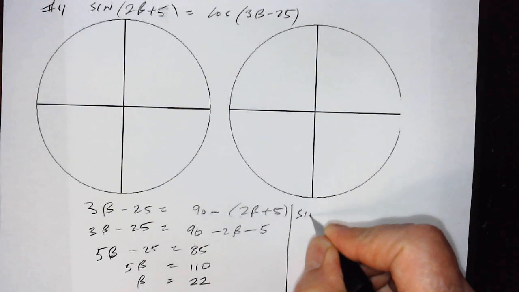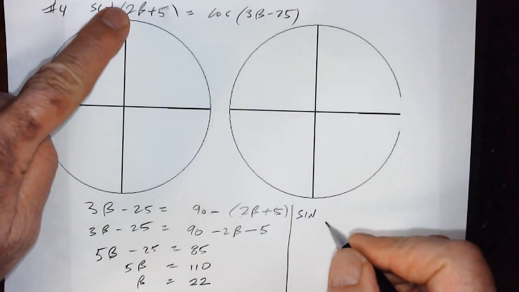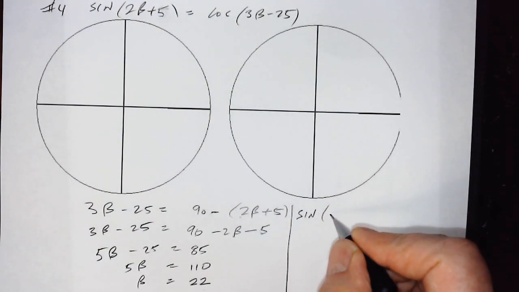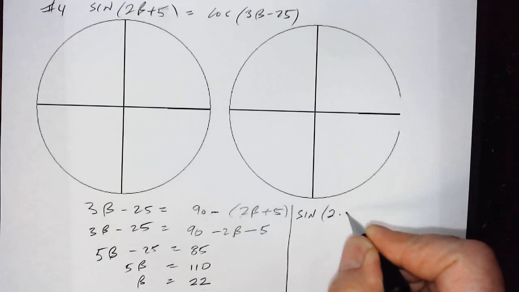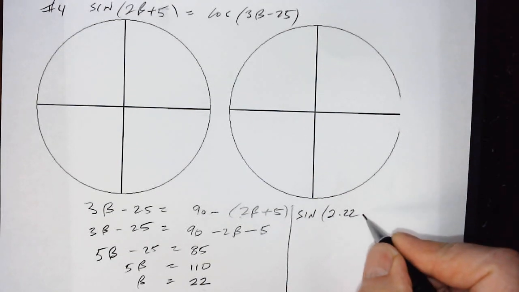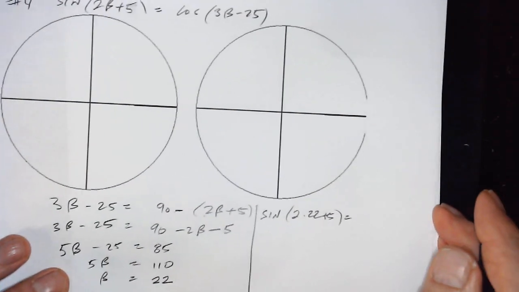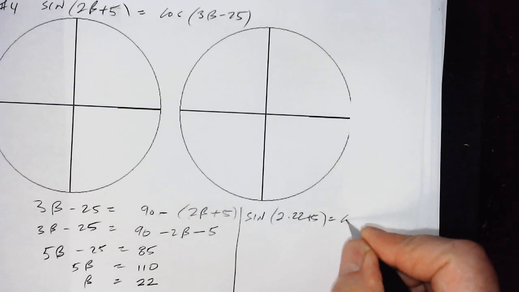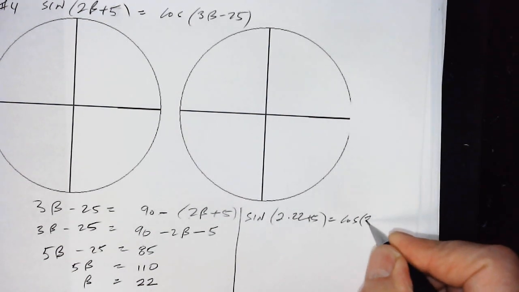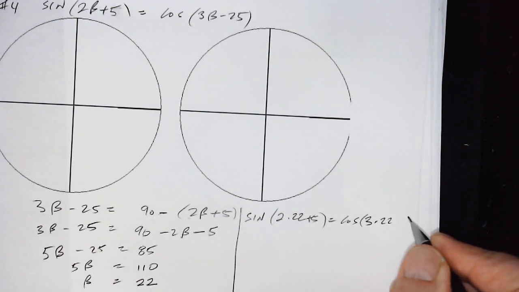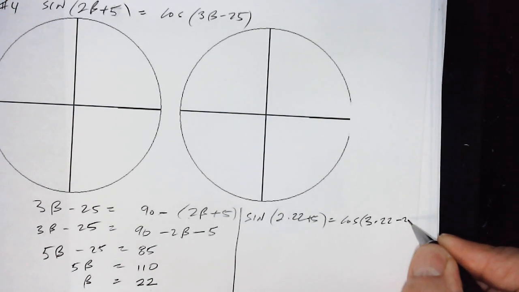Taking that beta and plugging it into the equation up here, the sine of 2 times 22 plus 5 should equal the cosine of 3 times 22 minus 25.